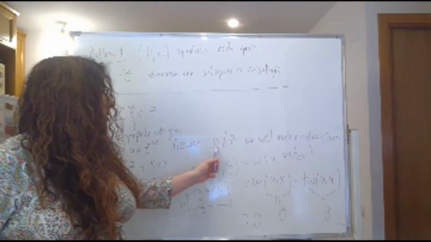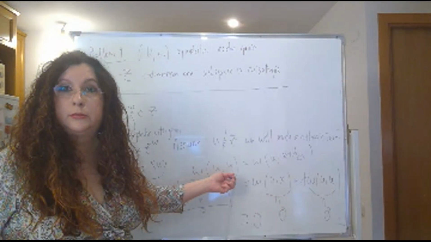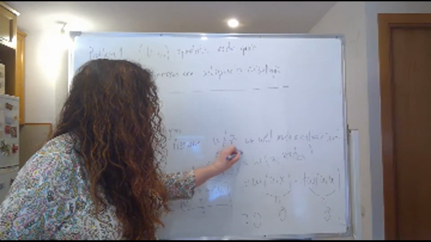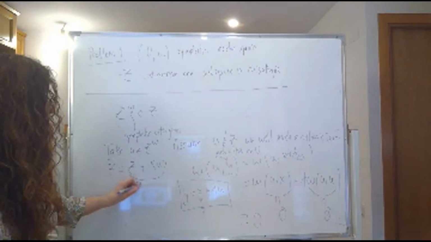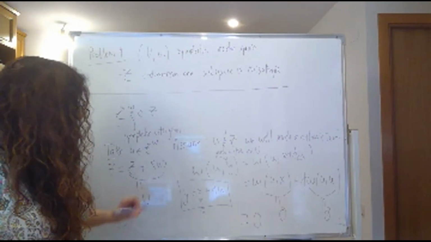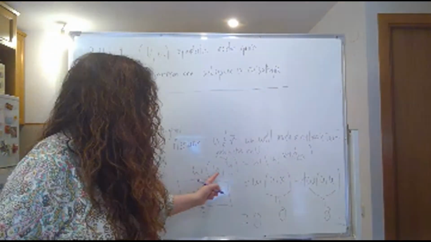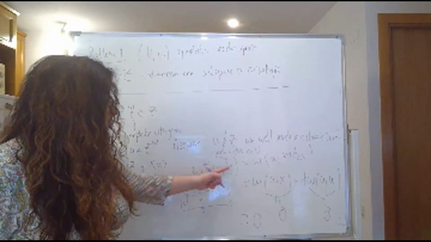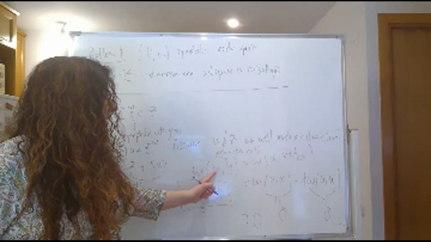What happens is that U belongs to the orthogonal of Z, and X belongs to Z. Therefore, this term, because they are symplectic orthogonal, is 0. And this term here is also 0. Therefore, this is 0, because I have a sum of two zeros.